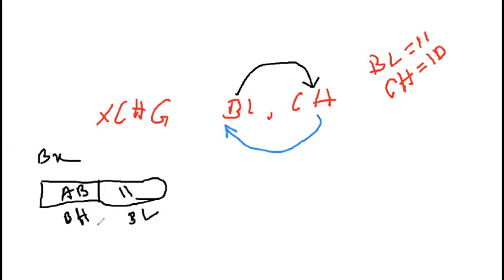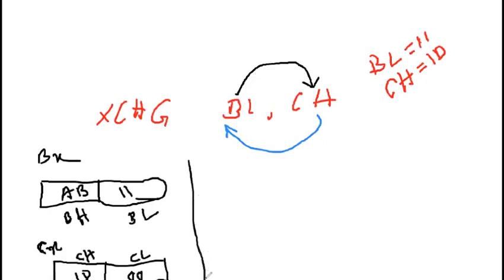Now CH. I will put the names here, this is CH and this is CL. What is the value for CH? 1D. And say for example the value for CL is 00.